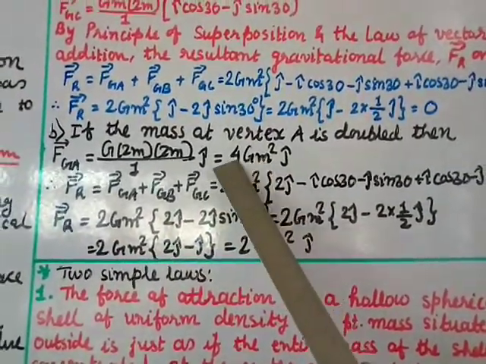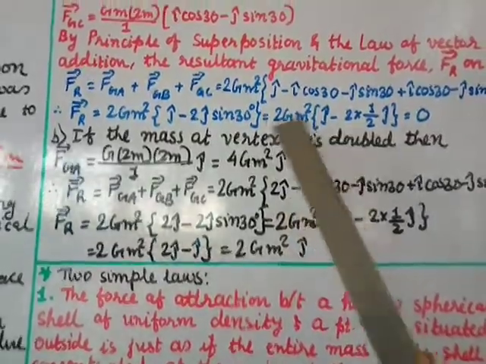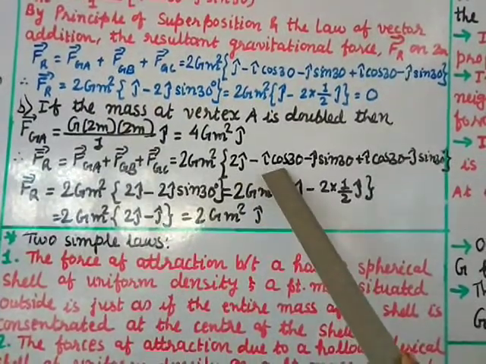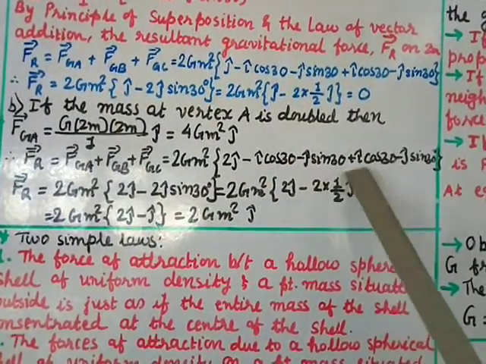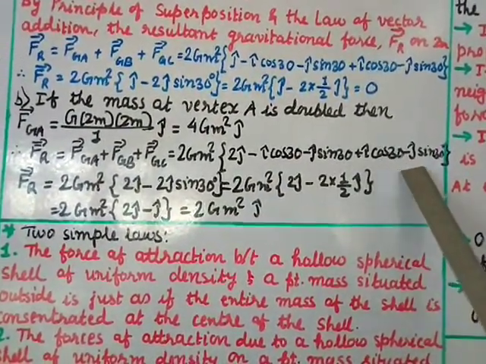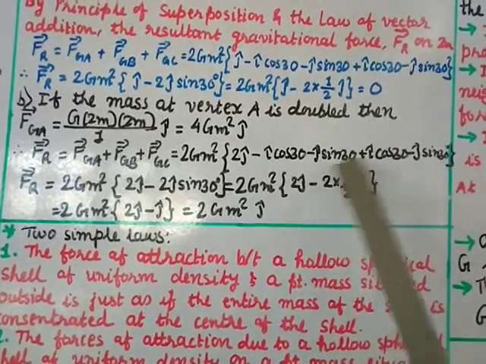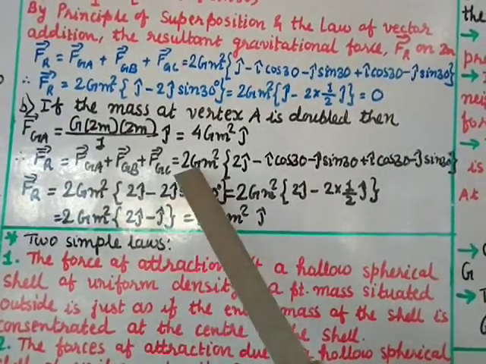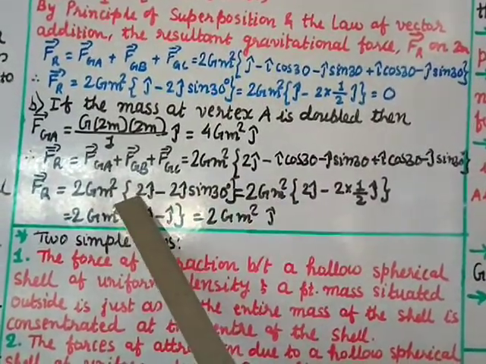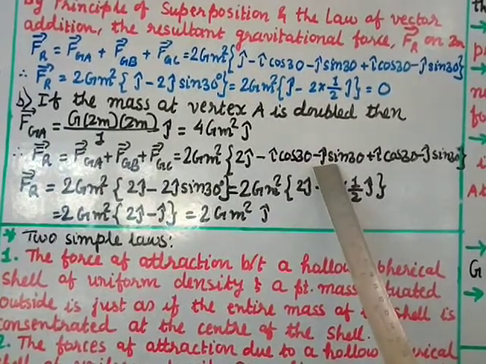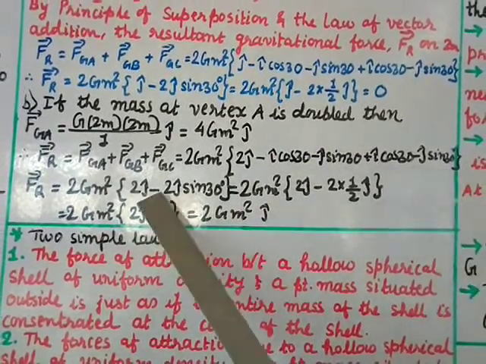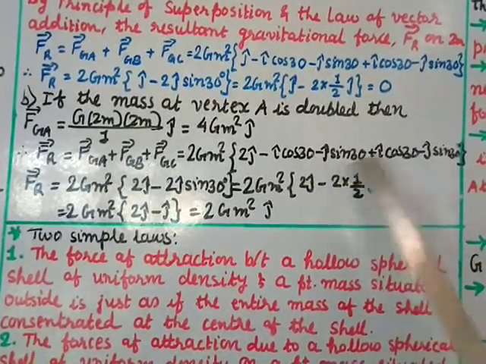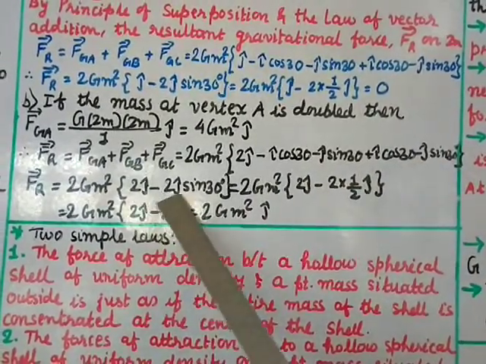So what remains here? 2 j cap, and from the bracket all the values remain: minus i cap cos 30 minus j cap sin 30 plus i cap cos 30 minus j cap sin 30. Again minus i cap cos 30 and plus i cap cos 30 cancel. 2G m square as it is, 2 j cap as it is, and minus j sin 30 minus j sin 30, which gives you minus 2j sin 30.